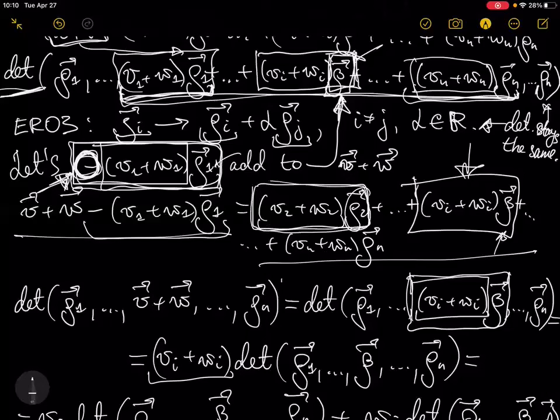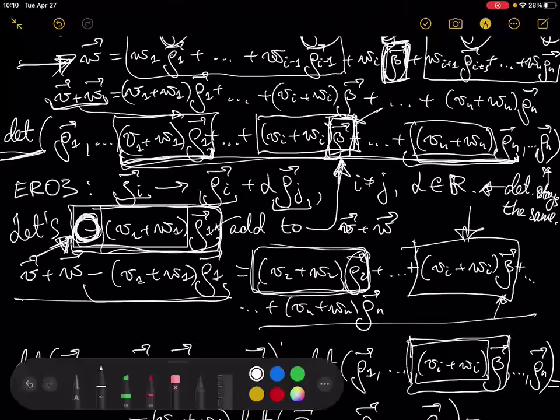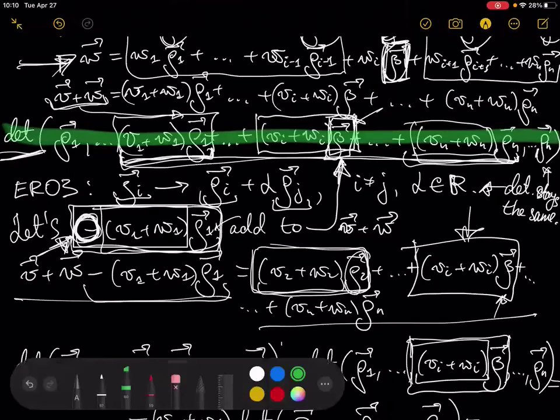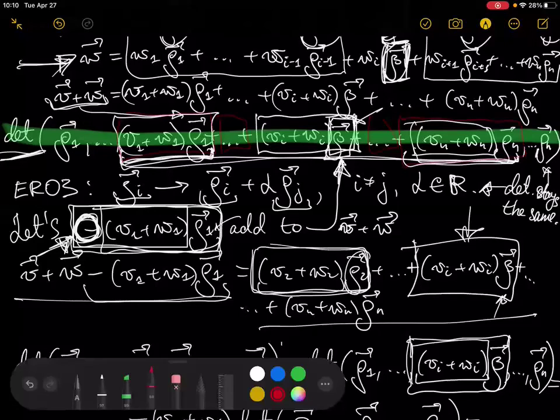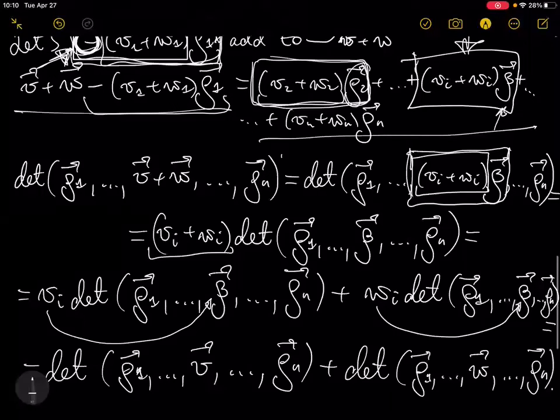In this expression, what I have done is eliminate this term, and I can eliminate all other terms in the same way, but this term proportional to beta will stay like that under the determinant sign.